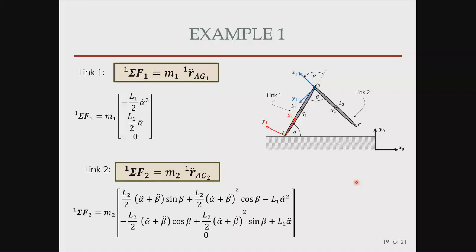Okay, and then I'm multiplying by the respective masses of the links, and this is P1 dot, the time derivative of the linear momentum of this first link, and the right-hand side is P2 dot, the time derivative of the linear momentum of this link.